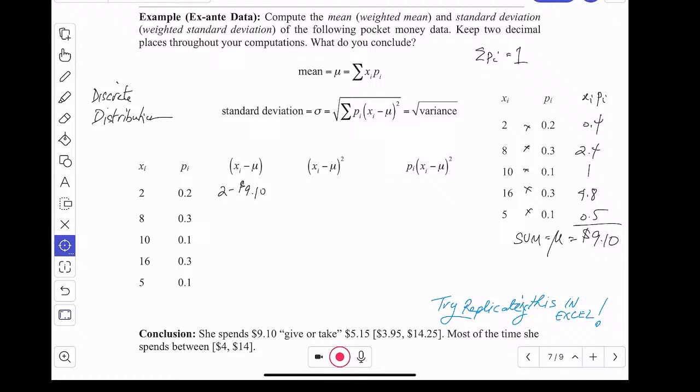So you have to take 2 minus 9.10 and put it there. I should just do it in Excel, it'll be easier for me.